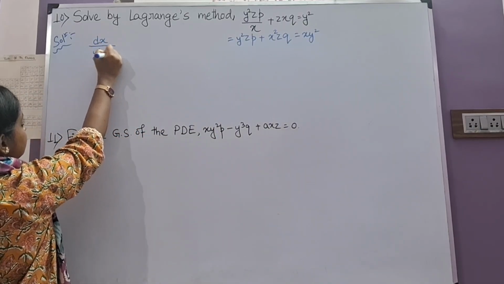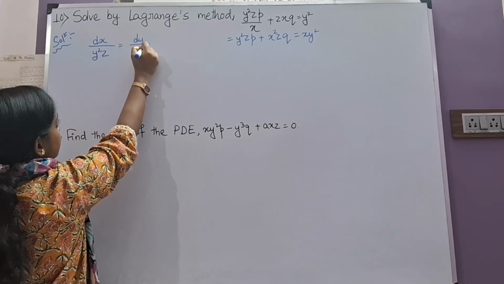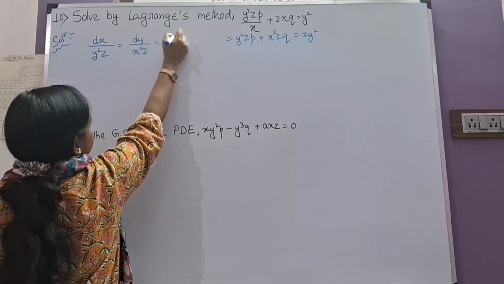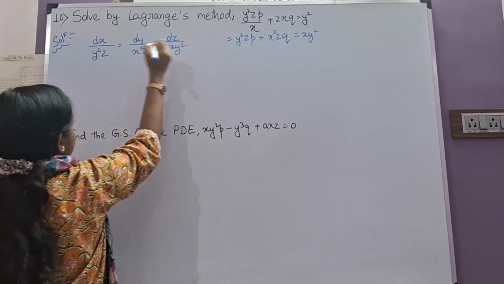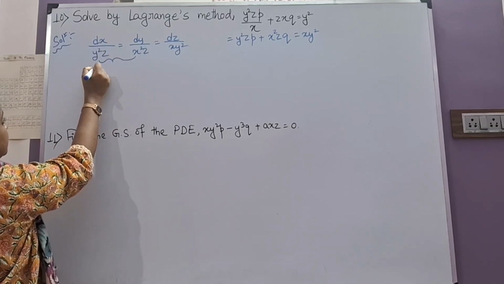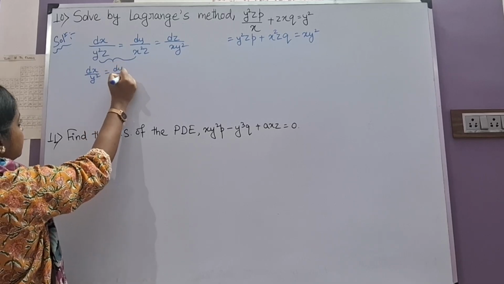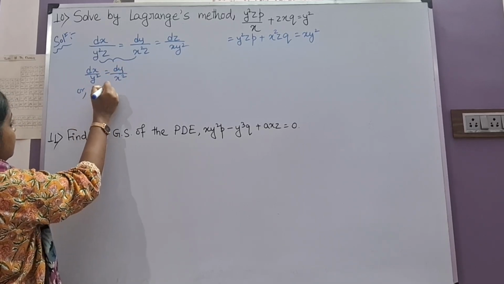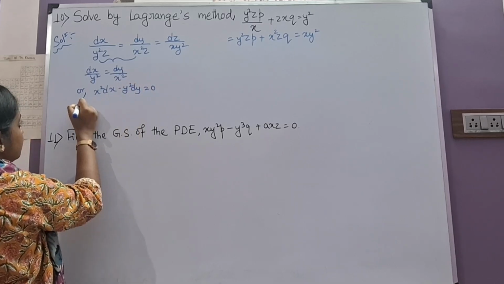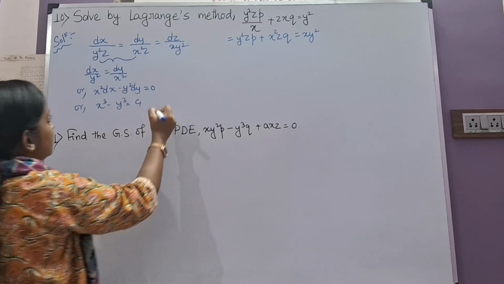Yes, dx by y square z equal to dy by x square z equal to dz by x y square. Now from the first two ratios, what we get? dx by y square equal to dy by x square, or x square dx minus y square dy equal to 0, or x cube minus y cube equal to c1.